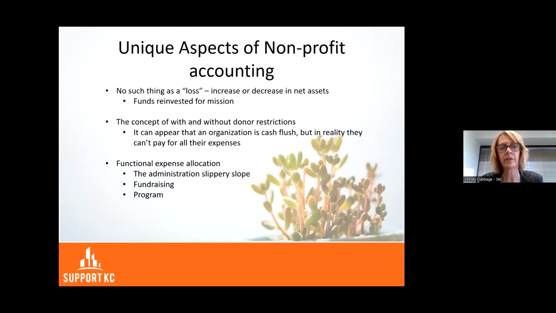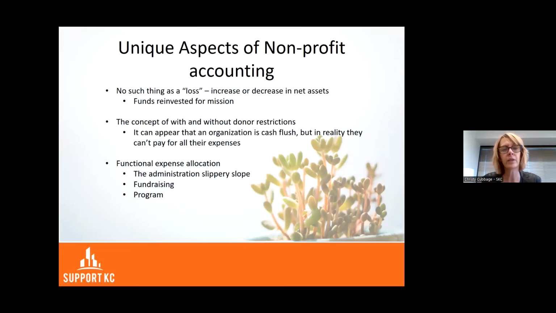So there's really no such thing as a loss in a nonprofit. It's an increase or decrease in your net assets. Funds that you hold, maybe you didn't spend it last year, you're reinvesting that for your mission. So you may have cash in the bank from last year that you're going to spend this year for your mission.